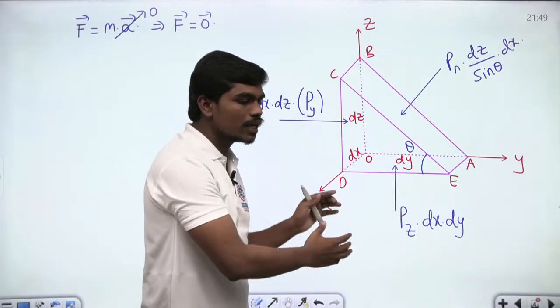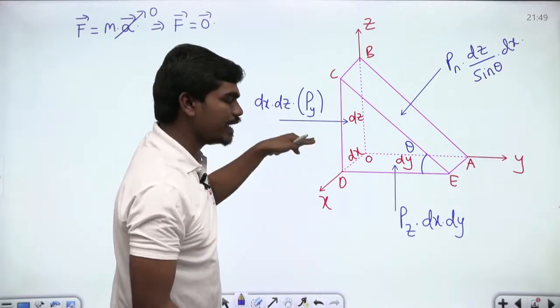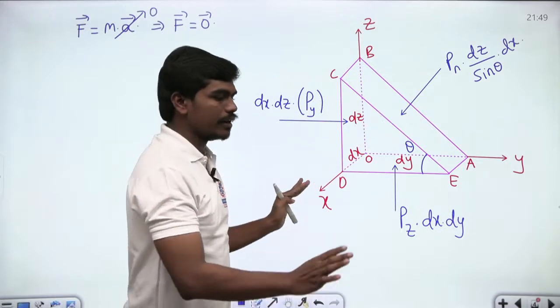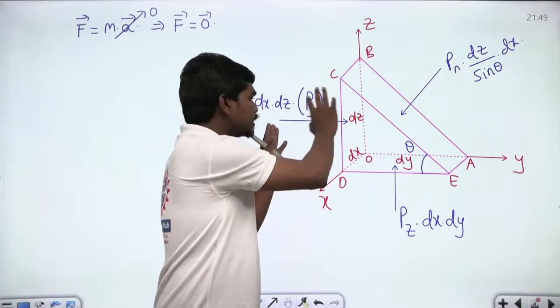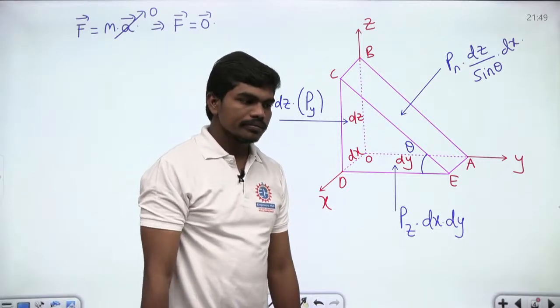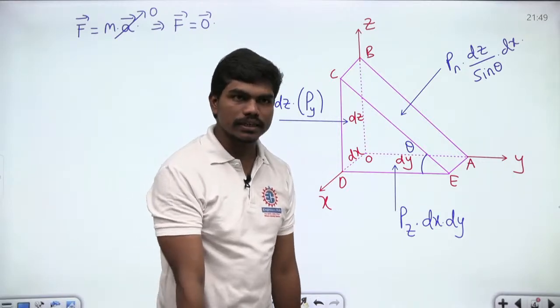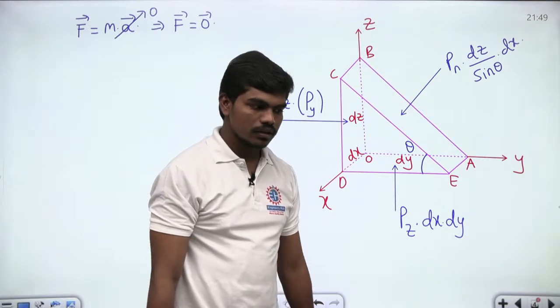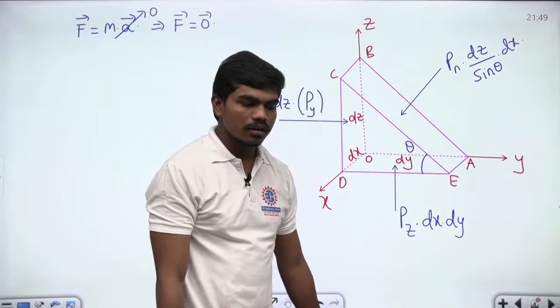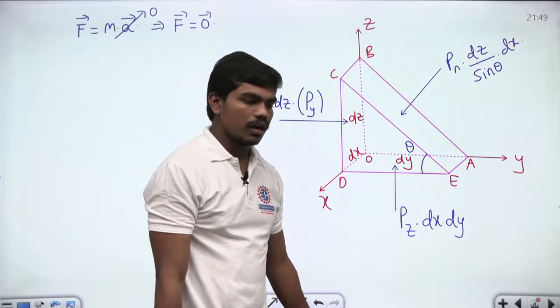Initially we have taken some pressures, and when these pressures are multiplied by the areas on which they are acting, we get the forces. So can you all understand at the outset that these are the three forces that are acting on this fluid prism? Yes or no? Are you all able to understand this? How sine theta?